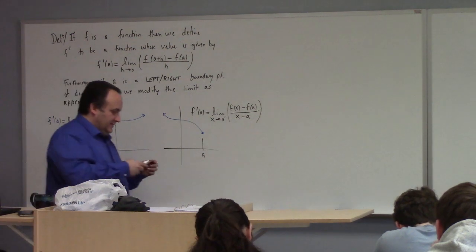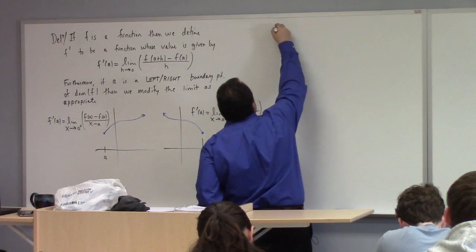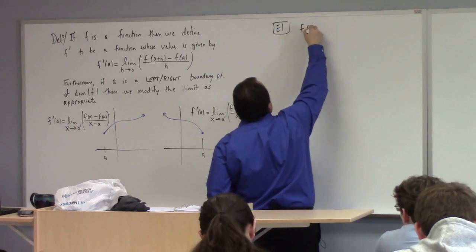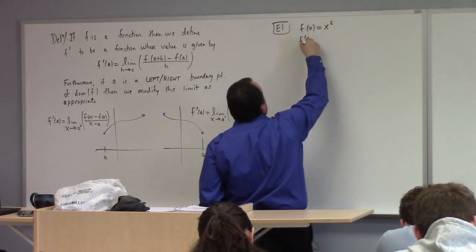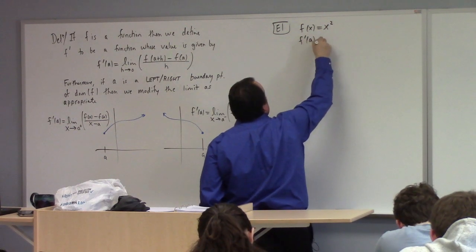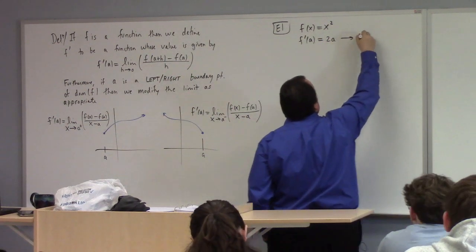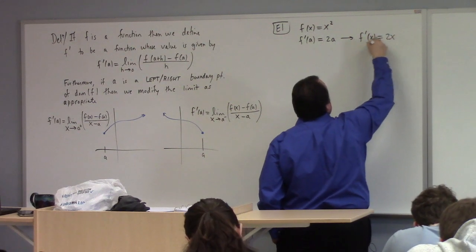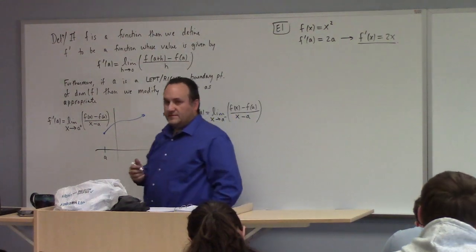So let's look at some examples. So if you think about it, like yesterday, we worked out a few of these actually, right? If we had f of x equals x squared, we saw that f prime of a was equal to 2a, right? So that tells me that the derivative function, f prime of x, is actually equal to 2x. If I just go ahead and use what we did last class, right?